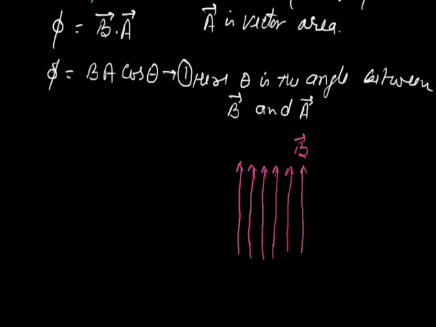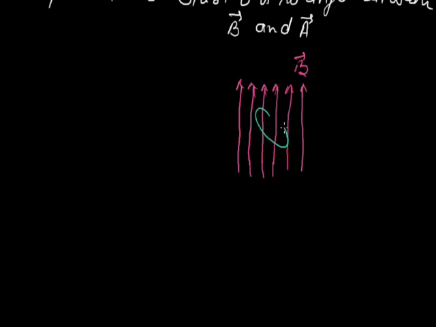Here any surface is placed in such a way, then the direction of surface area will be perpendicular to the plane, that's A vector. The angle between B and A is theta, and the value of flux will depend on this angle theta also.